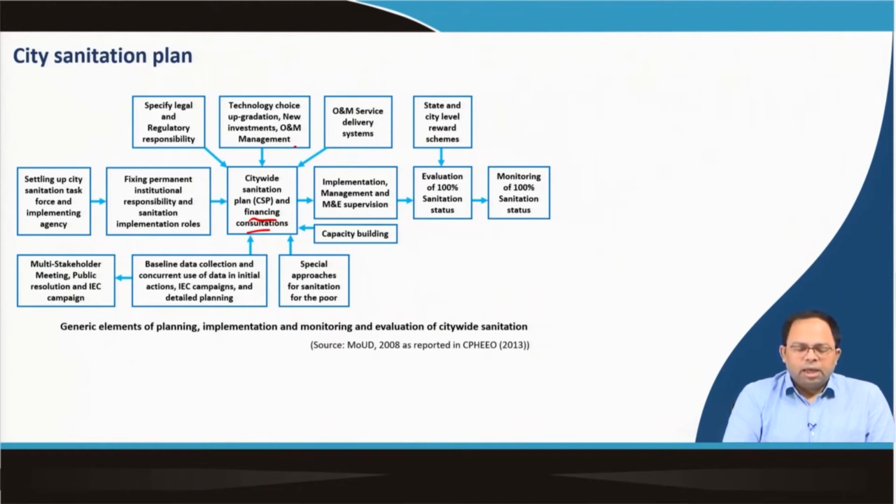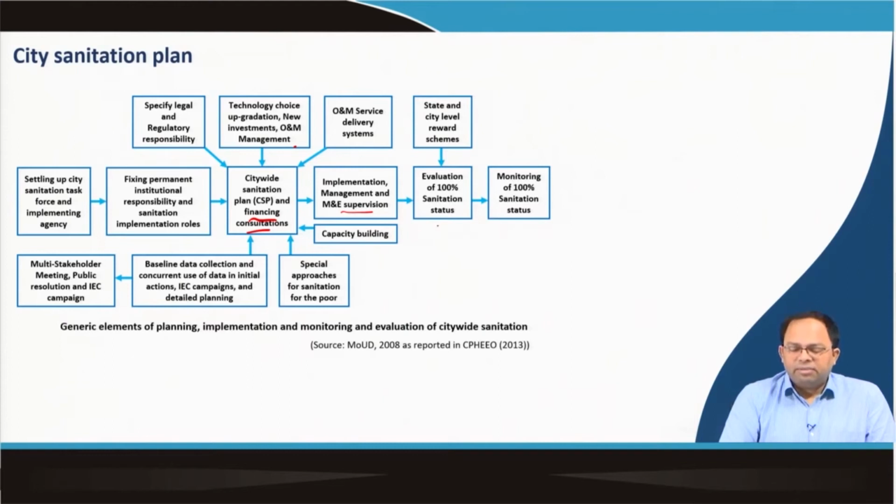Then we talk about special approaches for the poor, then capacity building of that municipal body or ULB or whichever body is providing the service, maybe a sanitation board or a water board, and finally implementation, management and supervision.